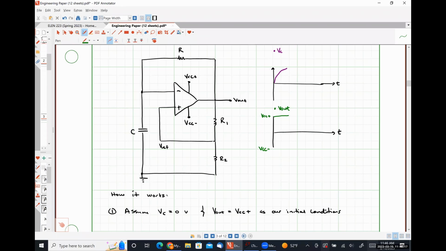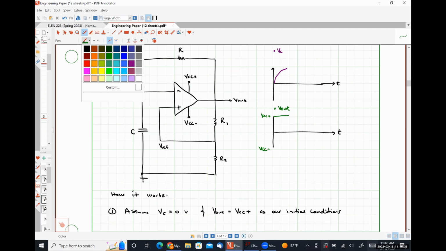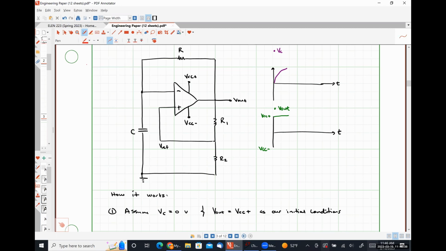Assuming once again that R1 and R2 are smaller than the input resistance, our reference voltage is just going to be R2 over R1 plus R2 times VCC plus, using voltage division. Let's do this one in red. Here's our reference voltage, and it's at some value.